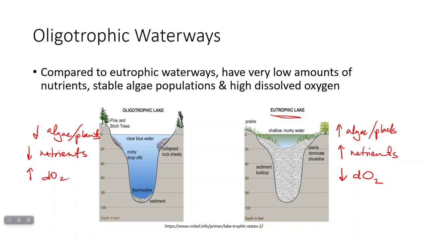So the thing is, it's got higher dissolved oxygen, but since it has low nutrients, you're not really going to be able to support a lot of plant life there, which means organisms aren't going to have a producer to feed off of. A eutrophic lake, on the other hand, will have a lot of nutrients, but since there are a lot of organisms, plants, algae, etc., living there, and they die and then they get decomposed, and that uses up dissolved oxygen.